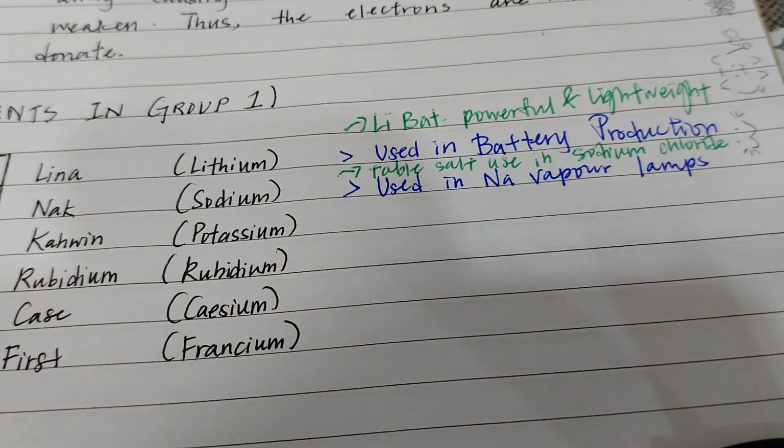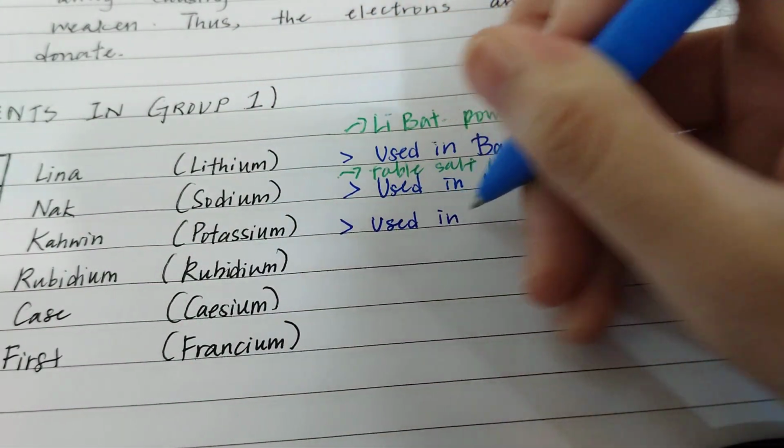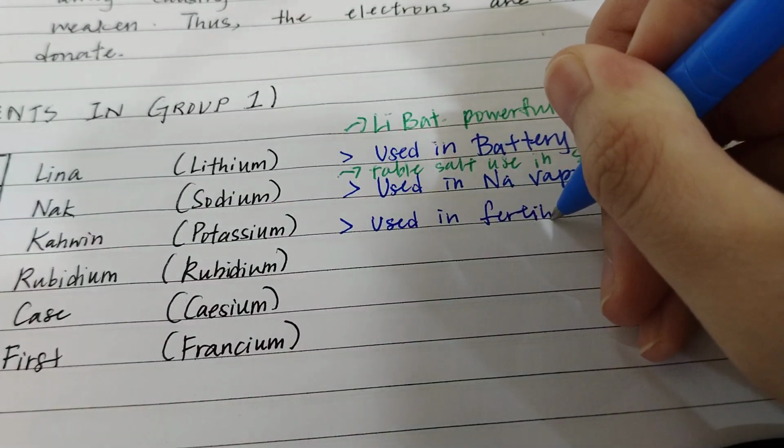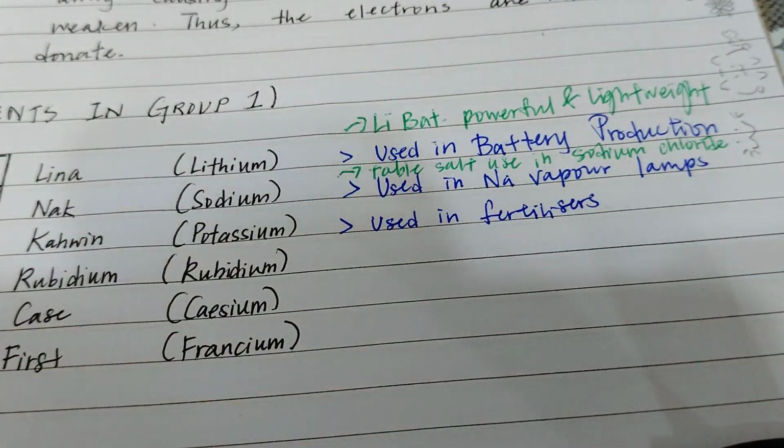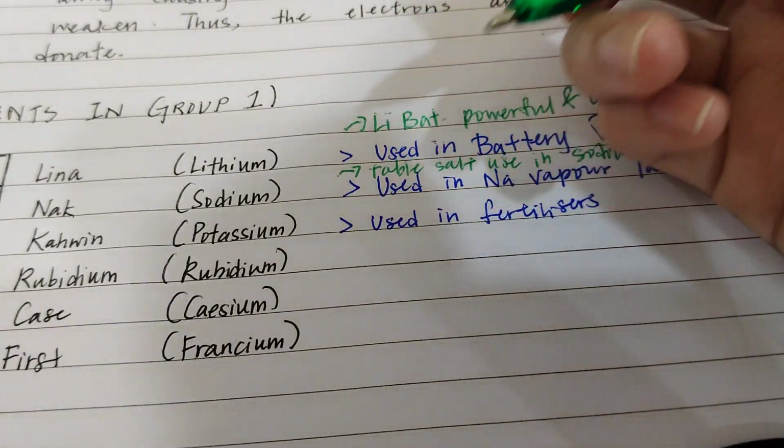Okay, potassium can be used in fertilizers. That should be it. Then okay, that's all, but I have some notes that give extras.